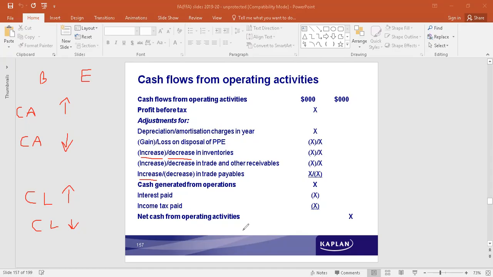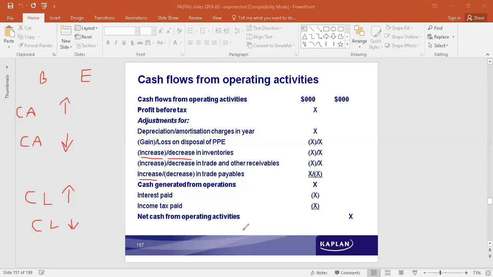This is the indirect method. The direct method, taking the cash receipts and deducting the cash payments to know the cash flow from operating activities, is not that simple, because by then the statement of financial position and statement of profit and loss are already prepared.